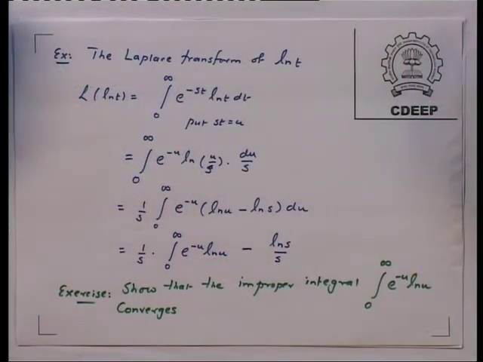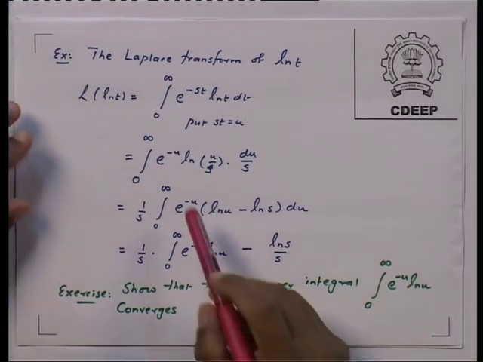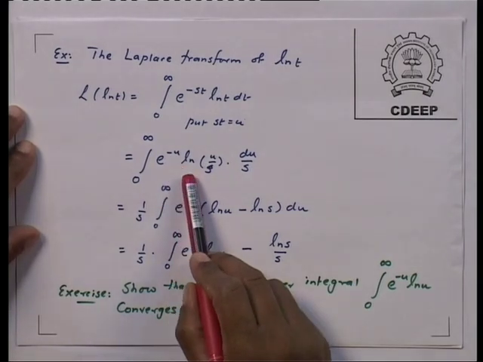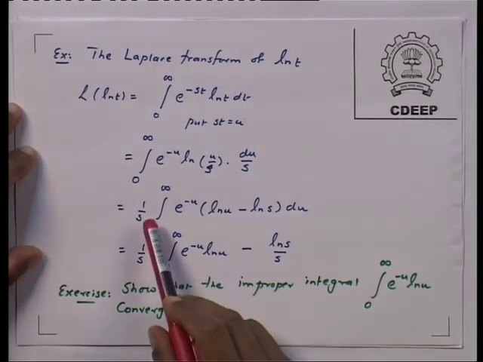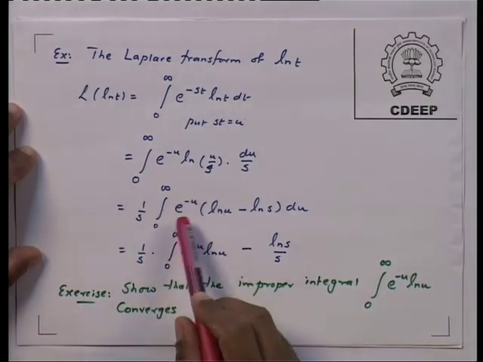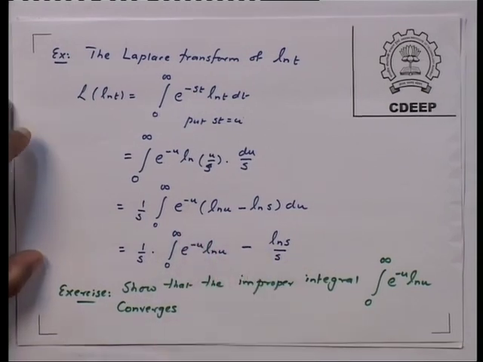Laplace of log t is integral 0 to infinity e to the power minus st log t dt. Now, you do not have to write this, it will be there in your Moodle, you can just listen, just watch. So, put st equal to u, what do you get? You get e to the power minus u log of u by s du by s. This 1 over s comes out, integral 0 to infinity e to the power minus u log u du minus log s.